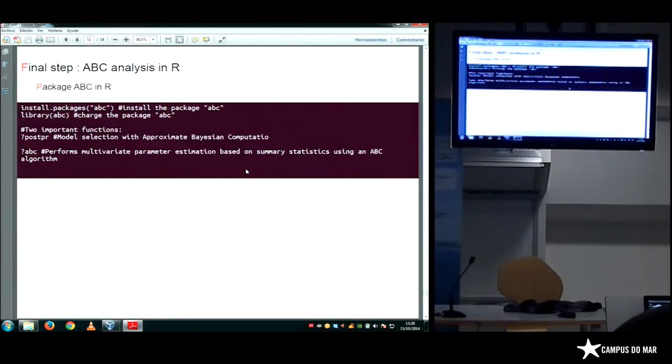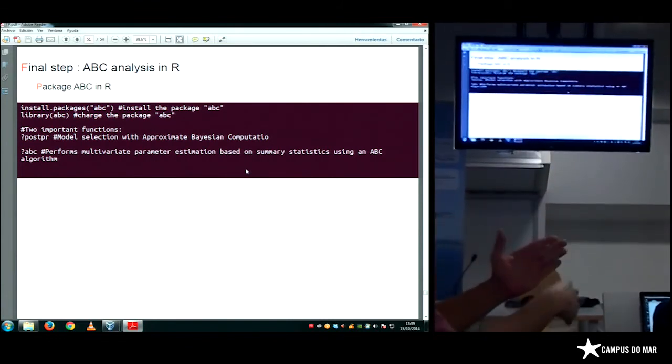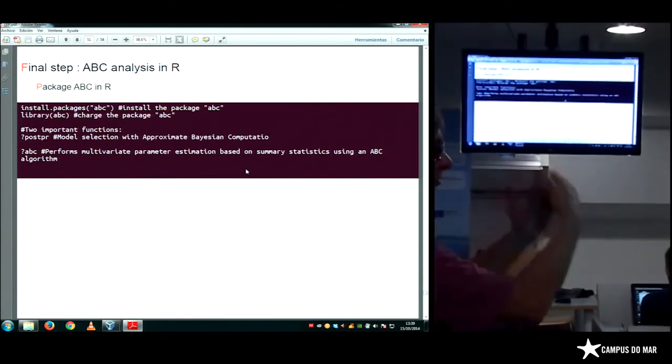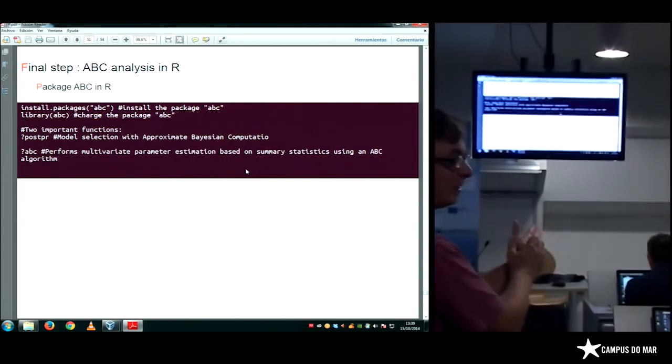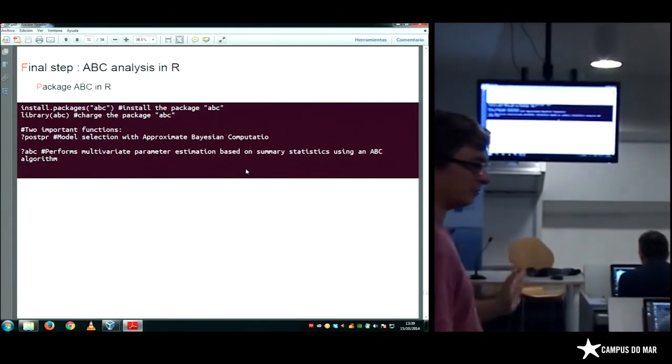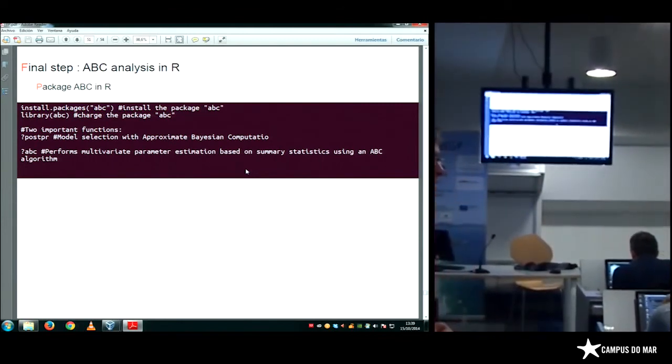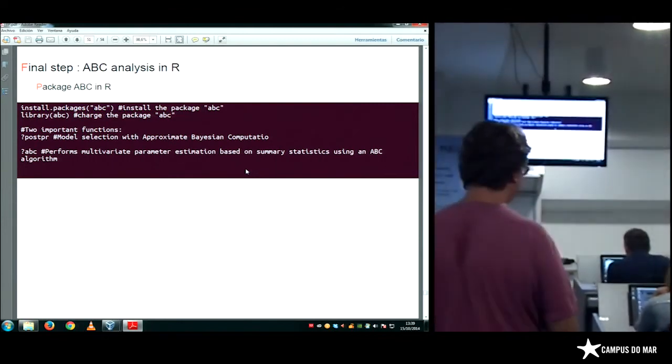So for unknown reason, the access is denied to the script, but you can open the script in a text file, you copy it, and you paste it in the terminal, and it's going to work. I don't know why the access is denied.